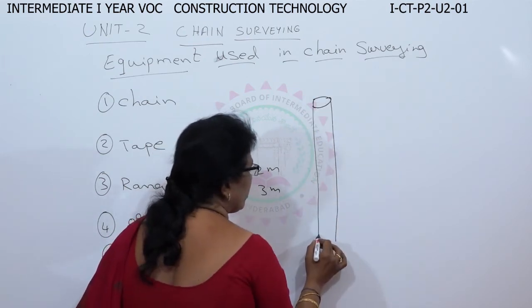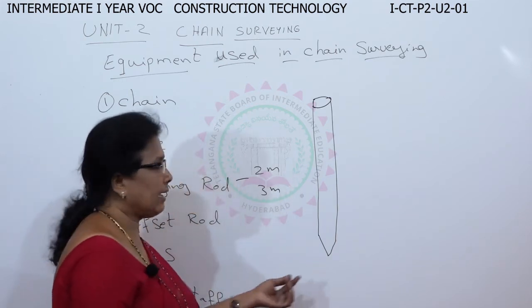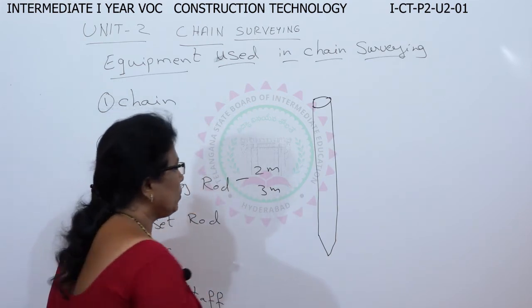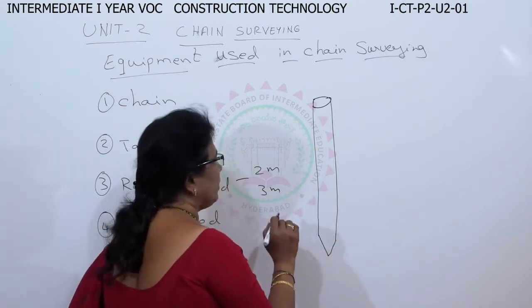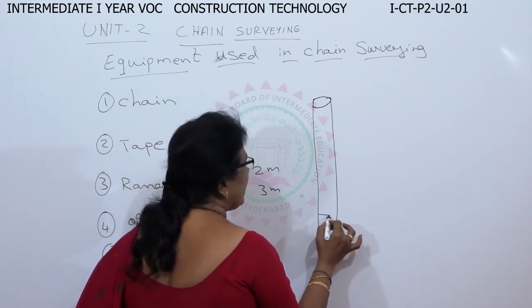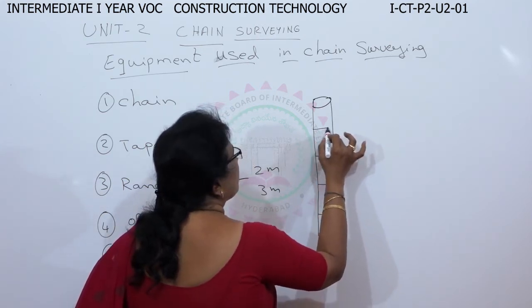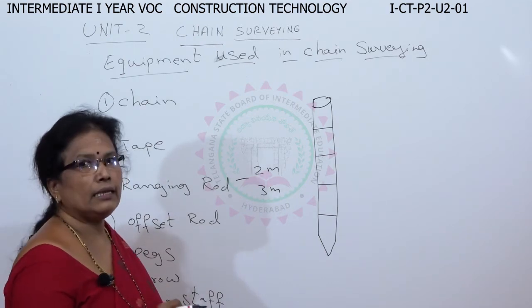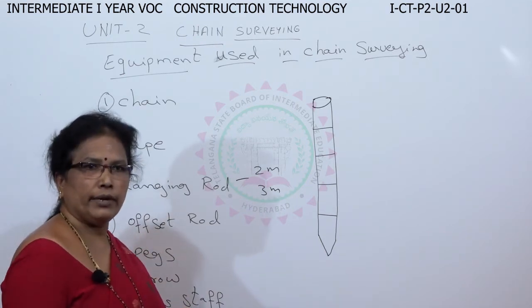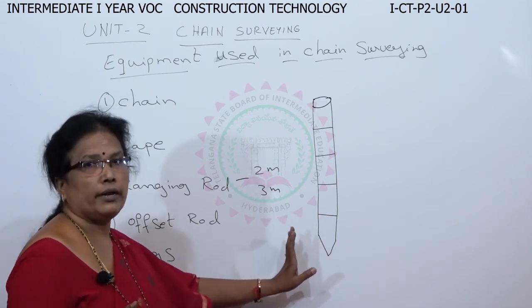On one side, at the top it has a hollow, and at the bottom it has a shoe end. So this is of 2 meters and 3 meters also. This is used to mark stations at the starting and ending or any intermediate points, the main stations. There you are going to use the ranging rod.